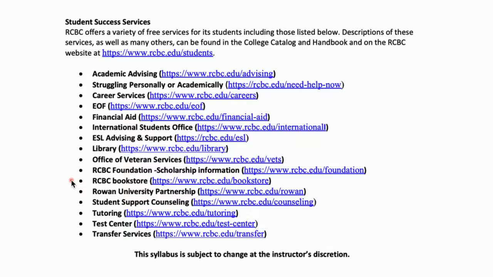Okay, advising, struggling with something, financial aid, etc. Even the bookstore, tutoring, and other things. Make use of your resources. That's what we all pay for.